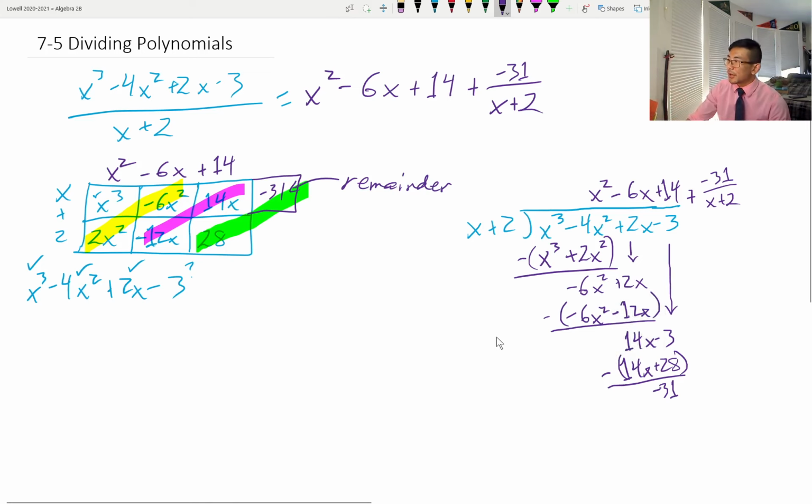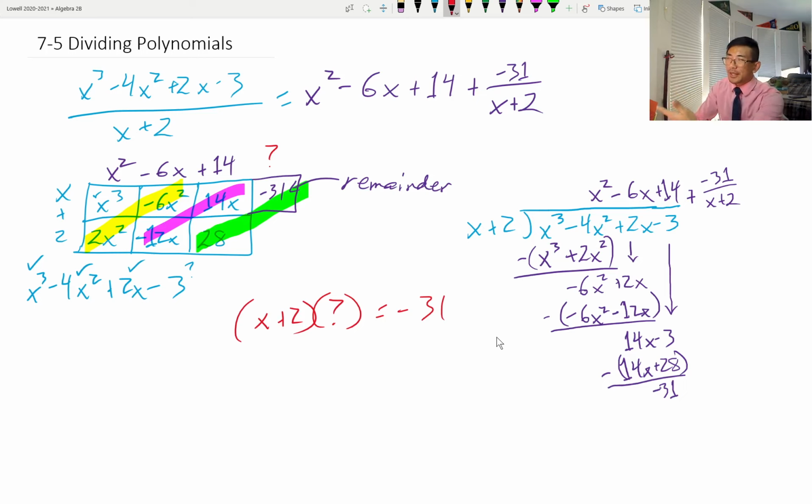You might be thinking, shouldn't there be something here to represent this part? And you're right. I kind of tried to hand wave it, but then I realized that's not quite fair to you. So the question still is, x plus 2 times question mark gets us to negative 31.